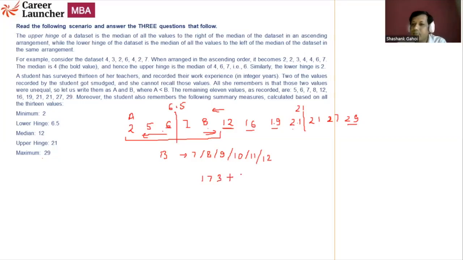Plus one value is missing, that is B. Let's take B as 7 itself. So the sum comes out to be 180 divided by 13.